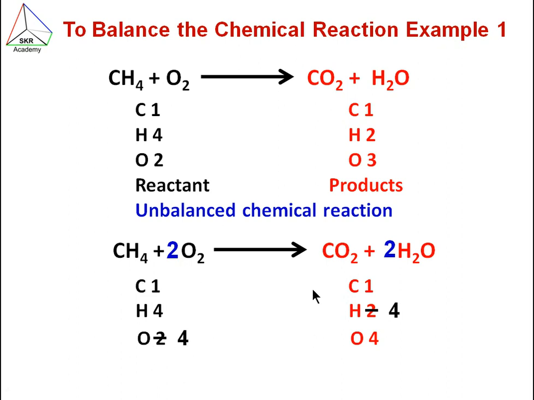So now you can see each atom on the left hand side and right hand side is balanced, and this reaction is balanced now. So CH4 requires 2 oxygen molecules and will produce one molecule of carbon dioxide and 2 molecules of water. So this is a method for balancing a reaction, and we will see more examples in the next video.